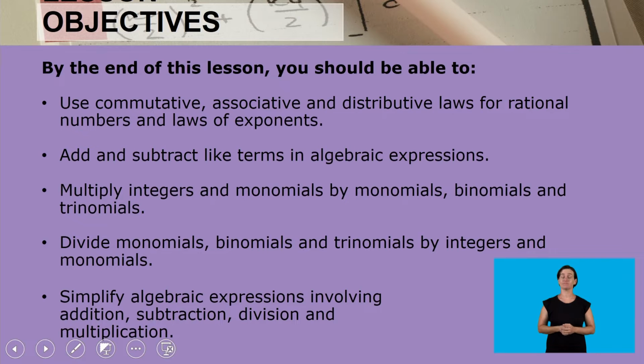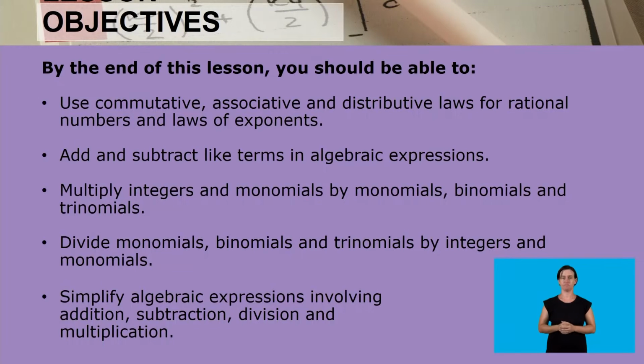So now we're going to start off with the things that you should be able to know by the end of this lesson. You should be able to use commutative, associative, and distributive laws for rational numbers and laws of exponents. You should be able to add and subtract like terms in algebraic expressions, multiply integers and monomials by monomials, binomials, and trinomials.